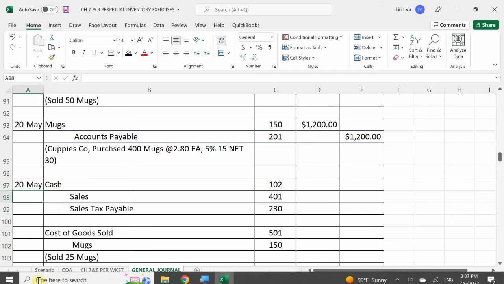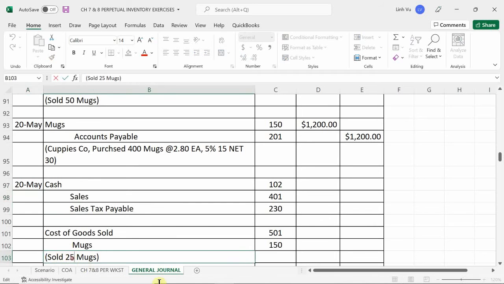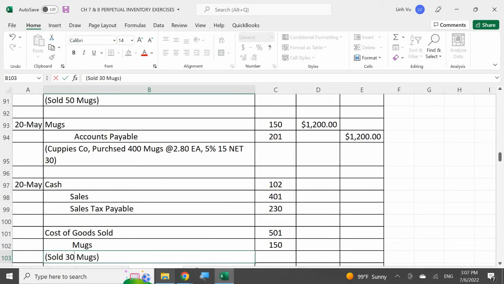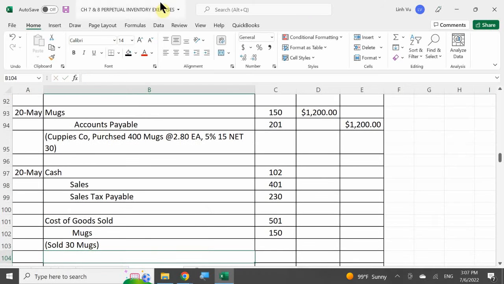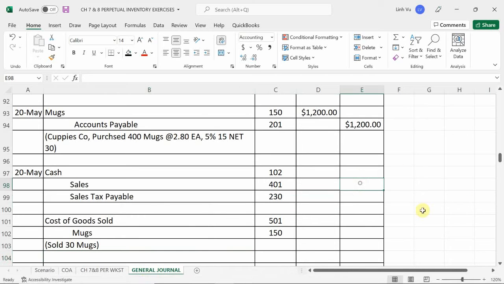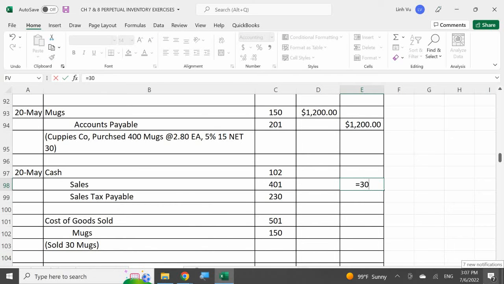If I sold 30 mugs for cash, how much is my total sales if they were $10 each? 300, plus my tax.